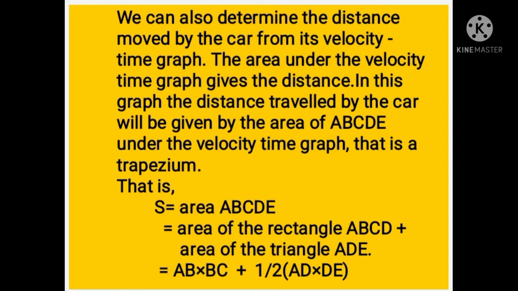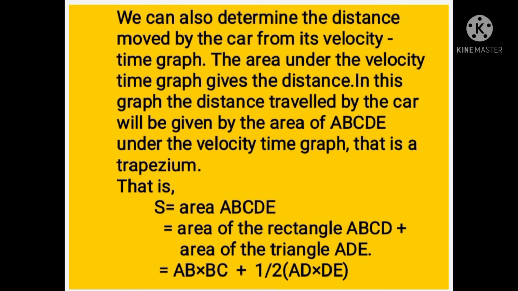Since the magnitude of the velocity of the car is changing due to acceleration, that means the body is in uniform acceleration, the distance S traveled by the car will be given by the area of ABCDE under the velocity time graph, that is S, the distance traveled, is equal to the area of ABCDE. Here ABCDE is a trapezium.